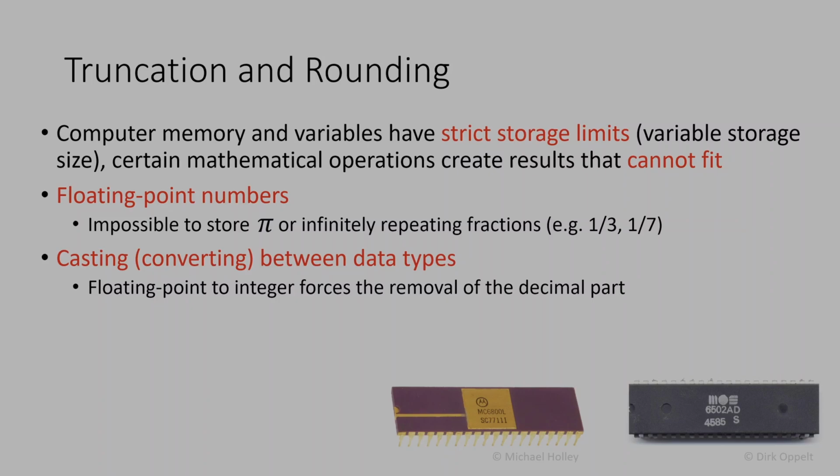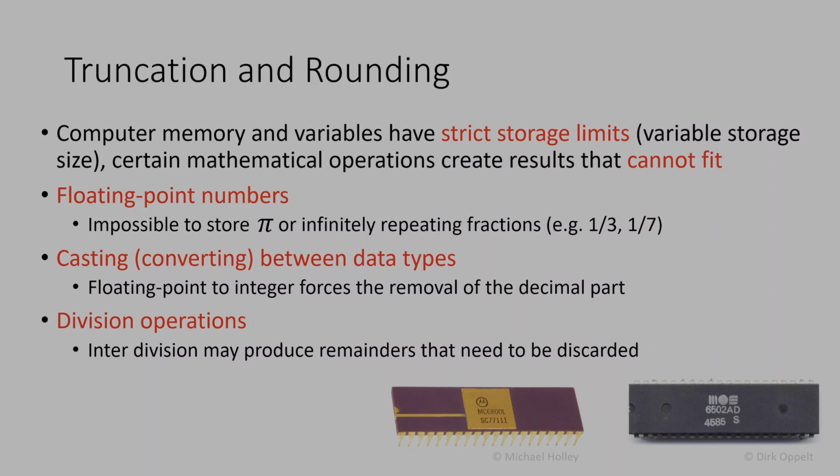Okay, so you would truncate it or cut it off the end. Division operations, if you divide two integer numbers together and it results in infinitely repeating products, then you can't represent that. You have to, at some point, chop off the repetition.